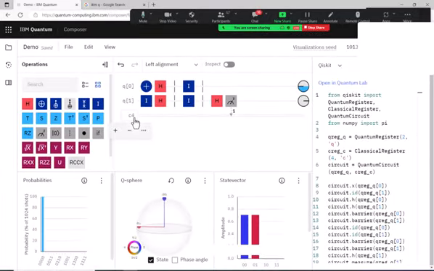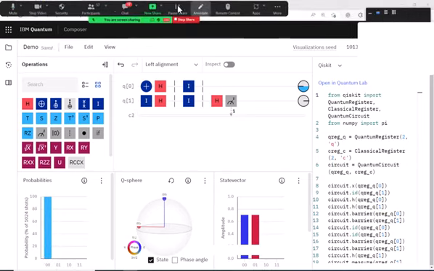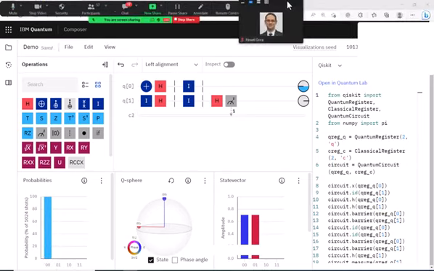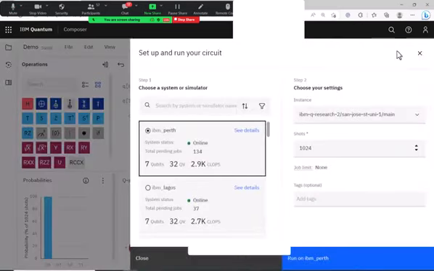Now here it has 4 classical registers. This is just a register to store your output. Originally it has 4 qubits, that's why it has 4. So I'm going to reduce it to 2 because I only have 2 qubits, right? And then I will just go here, set up and run.